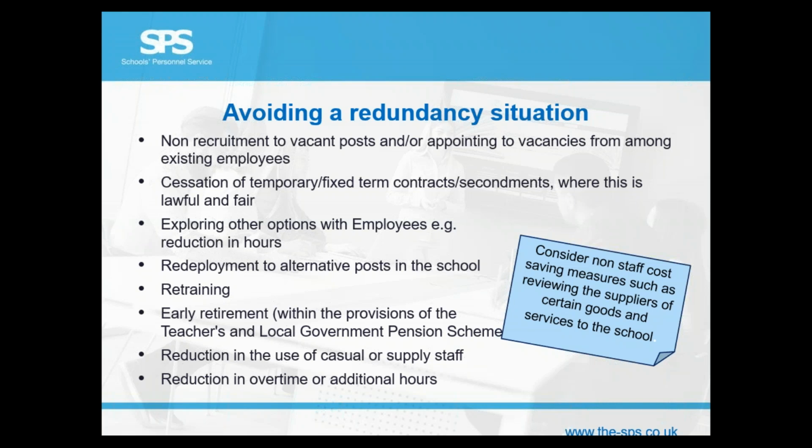Another avoidance measure that schools can look at is a reduction in the use of casual staff, supply staff, overtime, additional hours. I know last year we did some work with a school, and when they looked at it, they were really surprised at how much additional time and cost they were spending over the years on all these additional staffing activities, particularly additional hours and overtime.